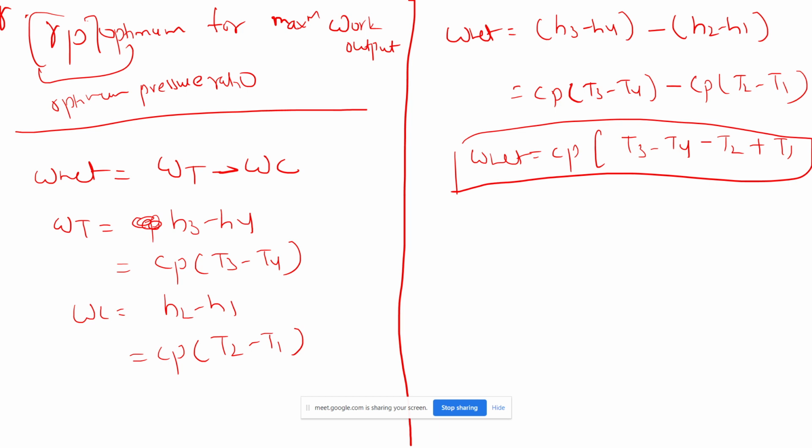Okay, so what does the Brayton cycle look like on a TS curve? This is temperature, this is entropy. It looks like this: one, two, three, and this is the fourth. Actually, it has to stop here, but it got extended.